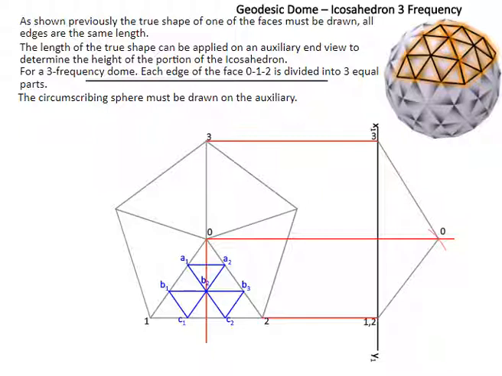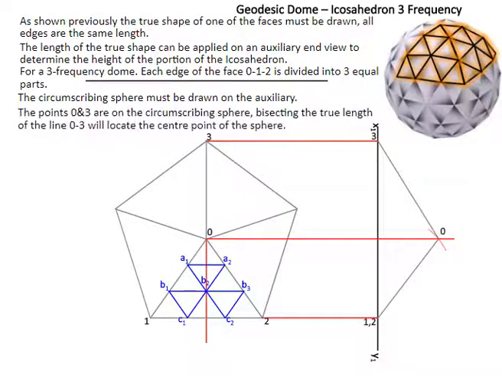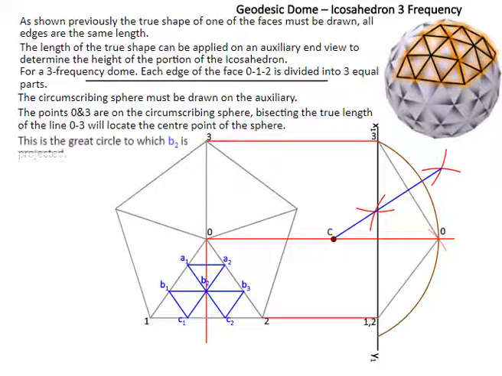So the circumscribed sphere must be drawn on the auxiliary, and the points 0 to 3 are on the circumscribed sphere. Bisecting the true length of the line 0 to 3 will locate the center point of the sphere. So as you can see here, the steps that we're doing next.